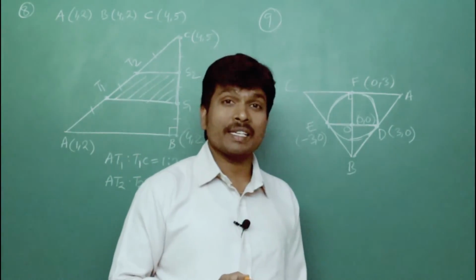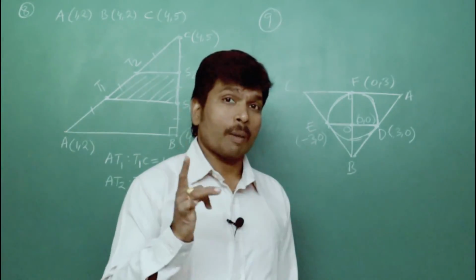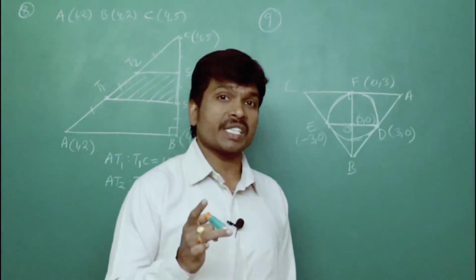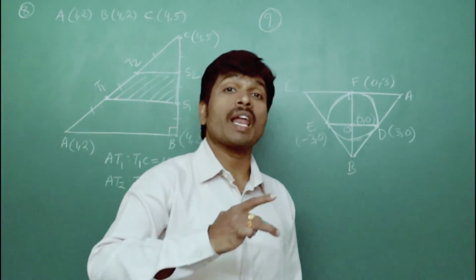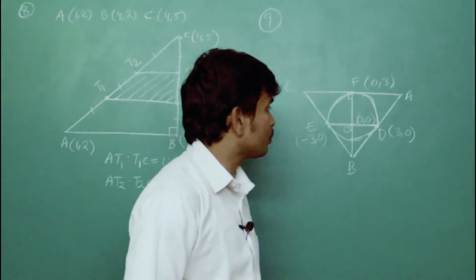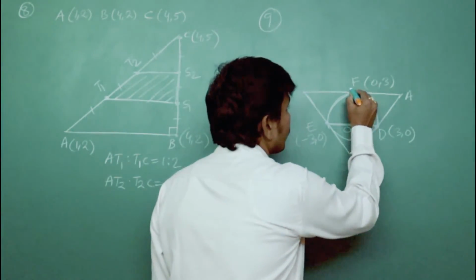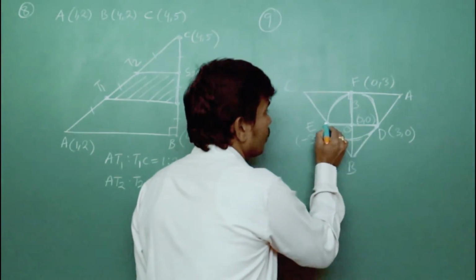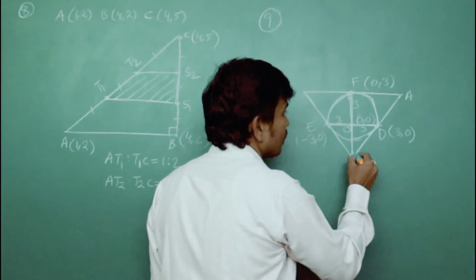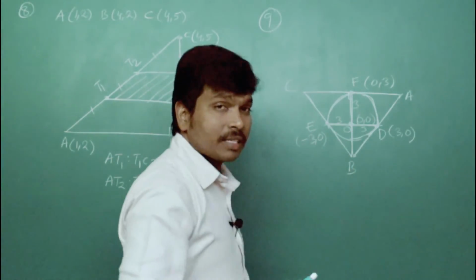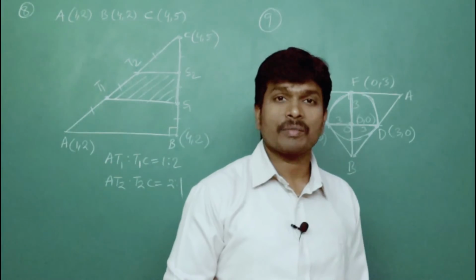What is meant by the center of the circle? The point which is equidistant from the points which lie on the circle. Now you observe, what is the distance from here to here? 3 units. Here to here 3 units. Here to here 3 units. That's why definitely it is the center of the circle.